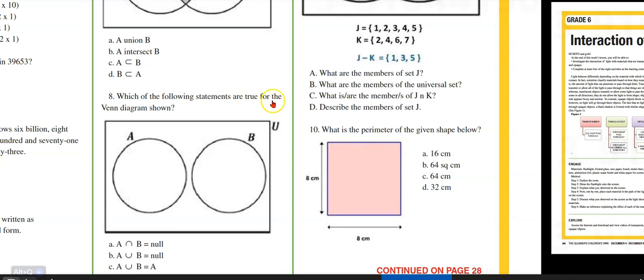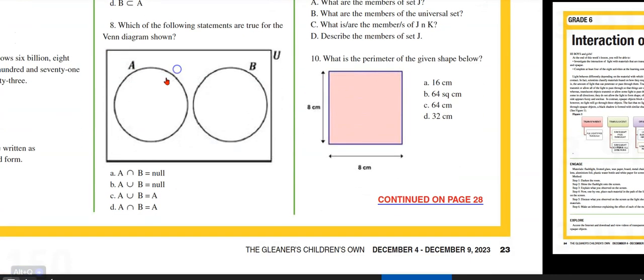Number 8, which of the following statements are true for the Venn diagram shown? The intersection of A and B is null, there's nothing. The union of A and B is nothing. The union of A and B is equal to A, or the intersection of A and B is equal to A.